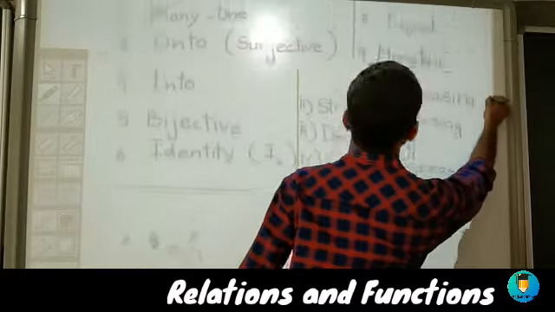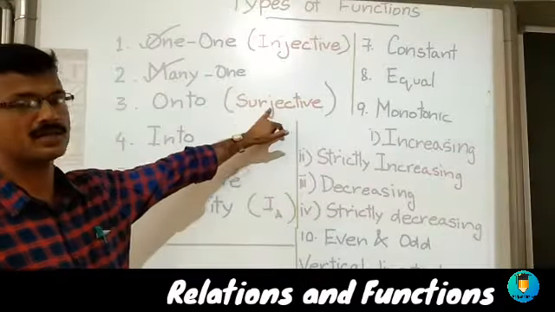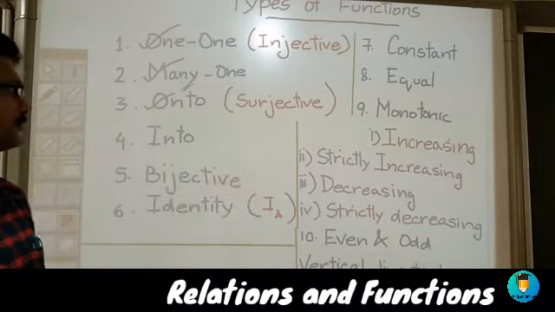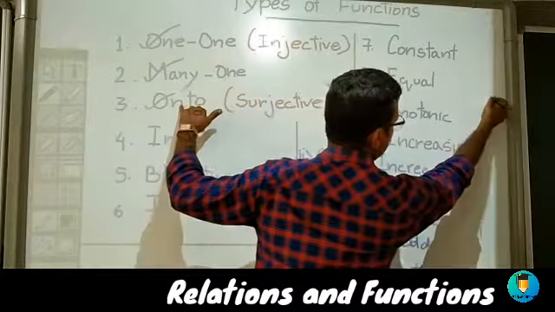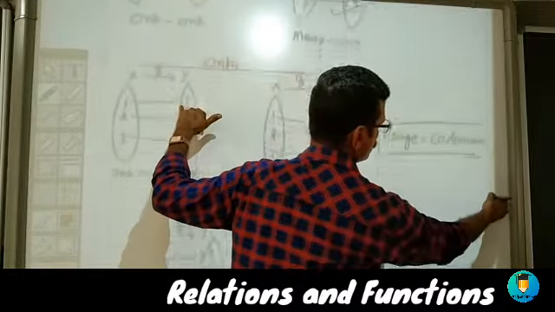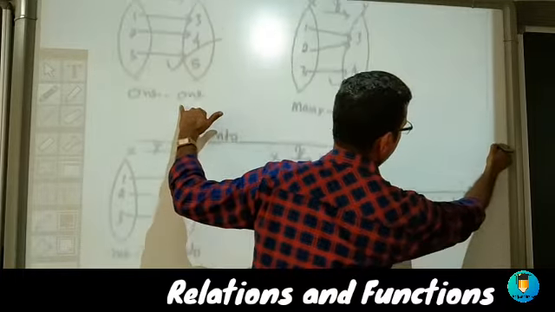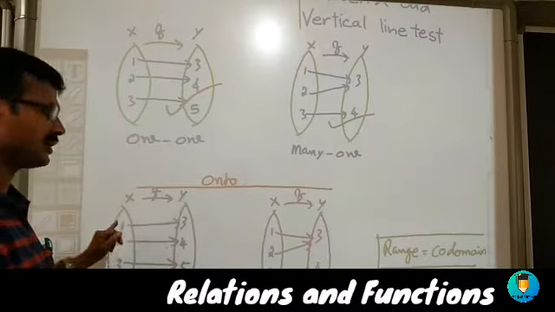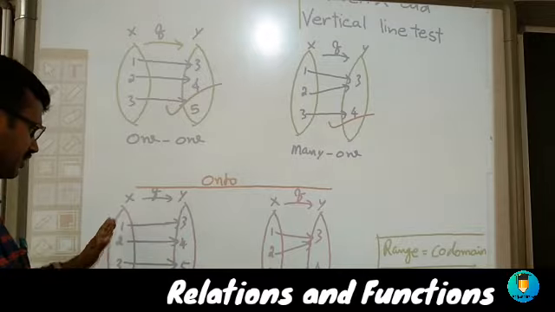Now the next one, the onto function. Onto function is also known as surjective. Now what is an onto function? A function f from x to y is said to be onto if all the elements of y have pre-images in x.